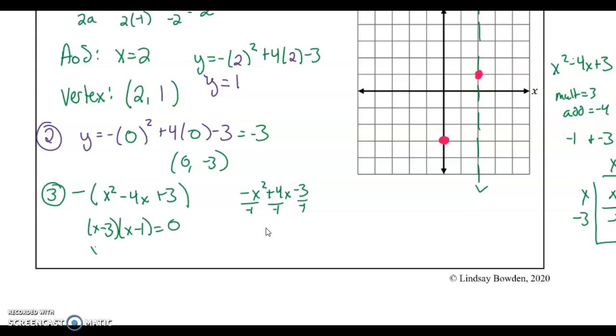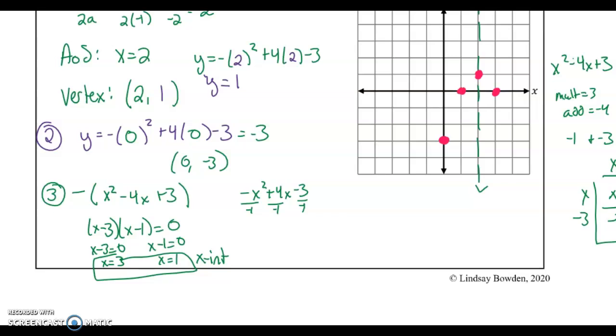So that equals 0. When you set this equal to 0, you get 3, and set this equal to 0, you get 1. These right here are our zeros, also known as our solutions, also known as roots, also known as x-intercepts. So put those on the x-axis. So we have 3 and 1.